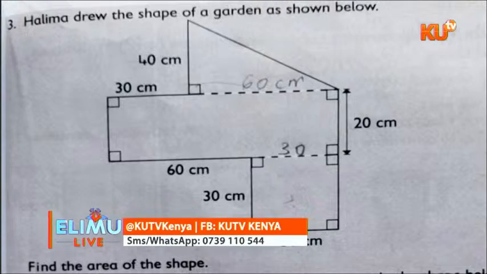We have 60 centimeter, and finally we have here to here where it is written 20 centimeter. Are we together, learners? I hope you have all copied that diagram inside your book so we can continue.